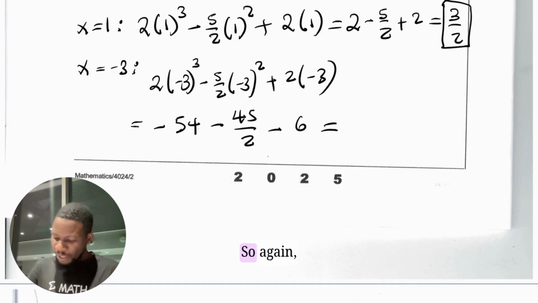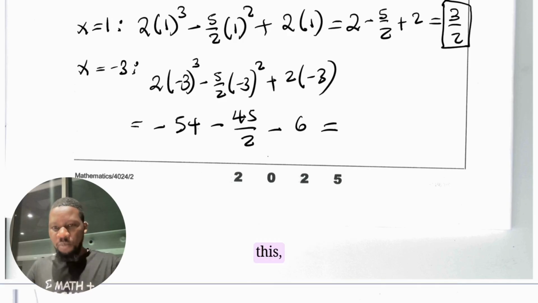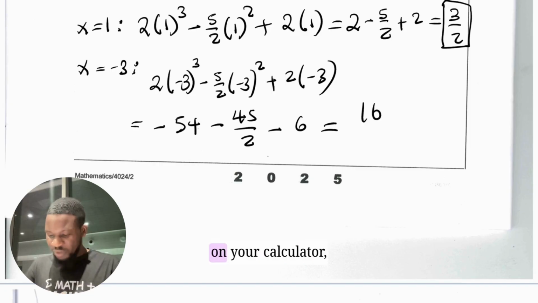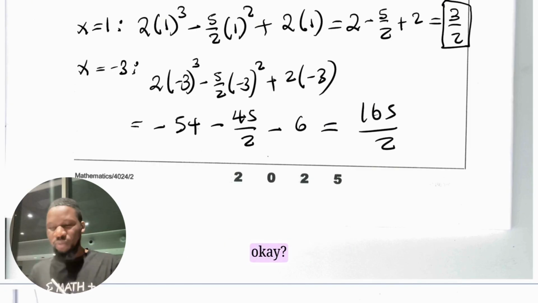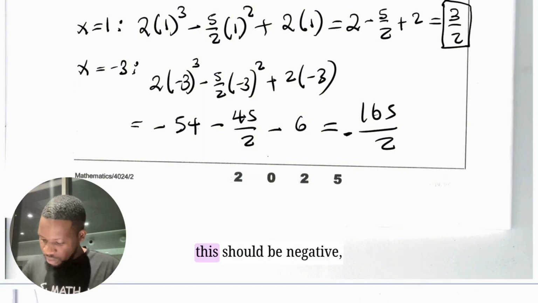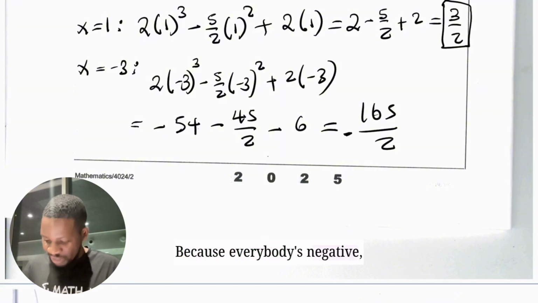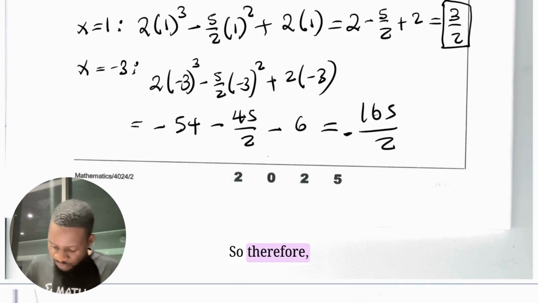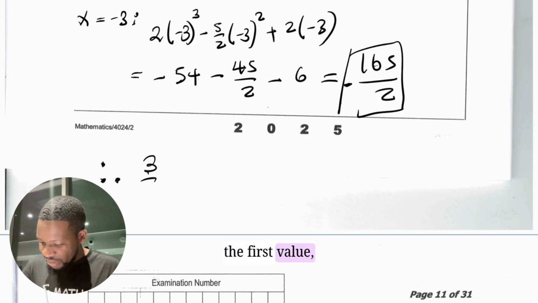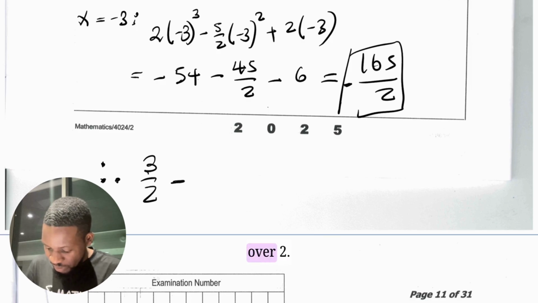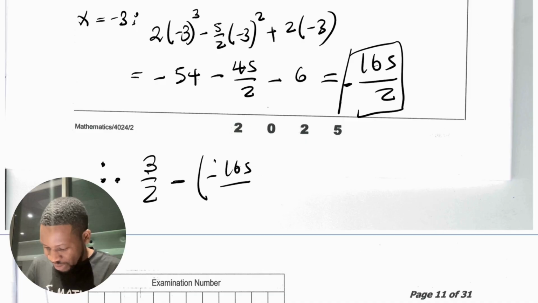Okay? So again, when you put this on your calculator, you should get something like 165 divided by 2. Okay? Now, this should be negative, right? Because everybody is negative. Okay? So therefore, the final answer should be the first value, which is 3 over 2, then minus what we found here, negative 165 divided by 2.